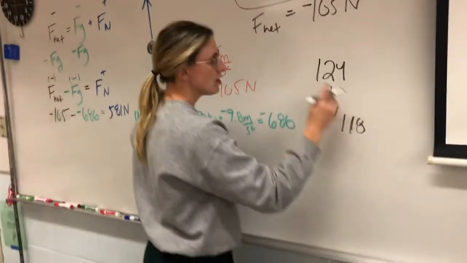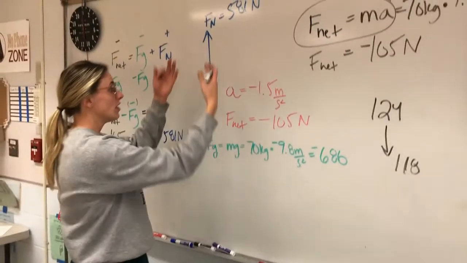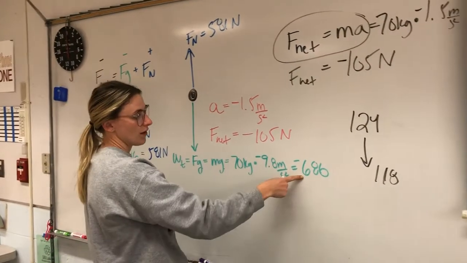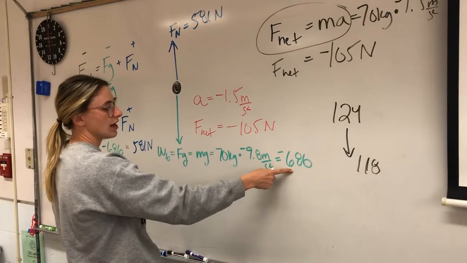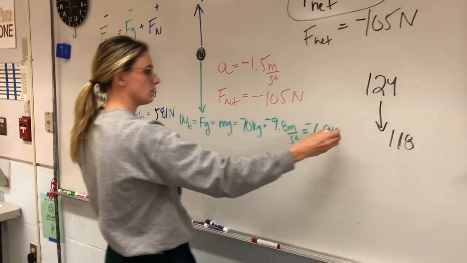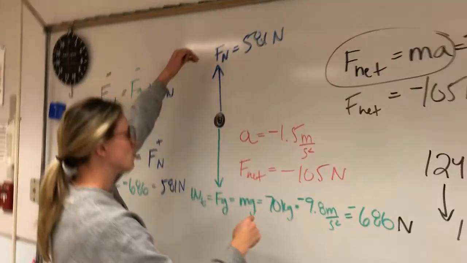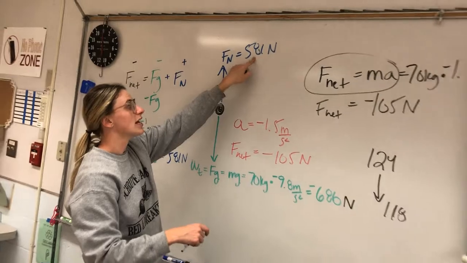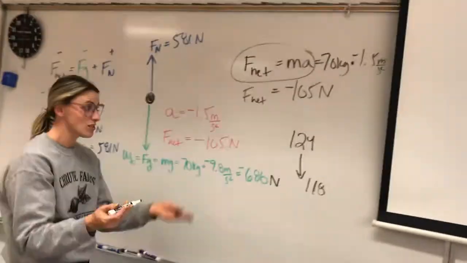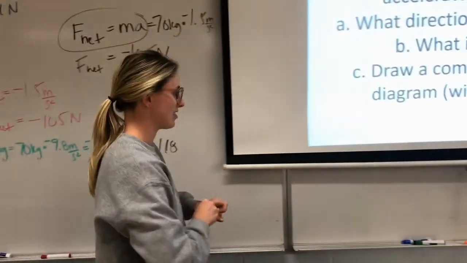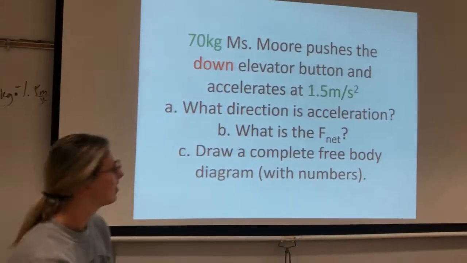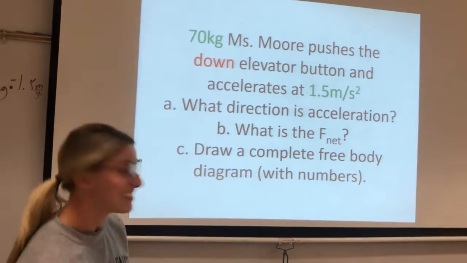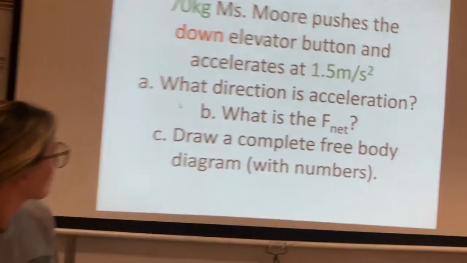So 124 to 118 when we go down. Same thing here. We started off at 686 newtons, and when it goes down, all of a sudden the scale would read 581, which is less. We see the same thing here. So, mathematics are wonderful things. They can be used to predict and justify. They reflect what we saw in nature.